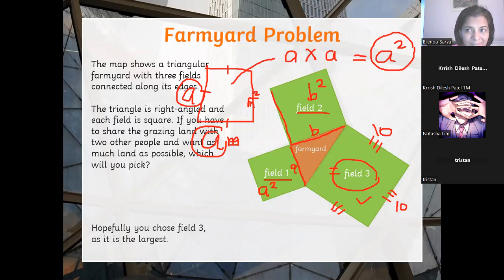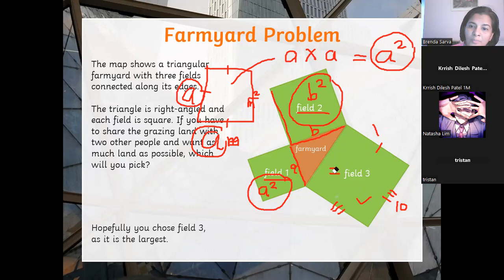Can I have a thumbs up if you agree? The area of field 2 is B squared. The area of field 1 is A squared. So, what is the area of field 3, which I will put as C? If this length is C, then what is the area of field 3? C times C, which is C squared.